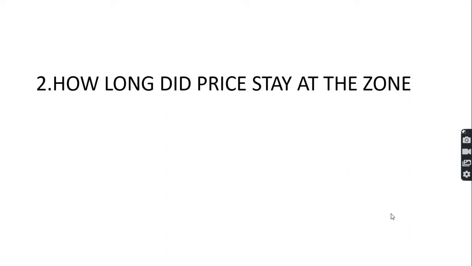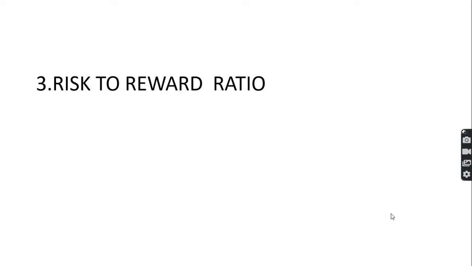That's number two. The third one is risk to reward ratio. Risk to reward ratio is very, very important when it comes to trading, because it determines how much money you make. In this one, you want to focus on a zone that offers you at least 3 to 1.